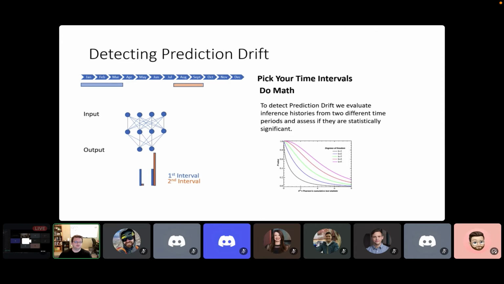Once those outputs are generated, if there's only a couple of outputs, you can eyeball it, the way that you see on the screen here: the outputs that came out in our first interval versus the outputs that came out in our second interval. And you can say, hey, these are obviously different, right? This is the example taken earlier from the fraud case. Something seems weird here, right?